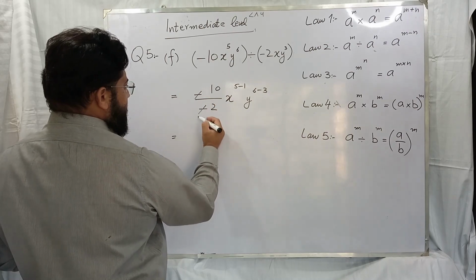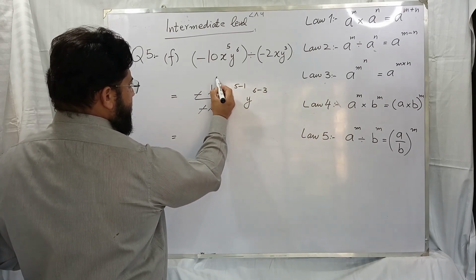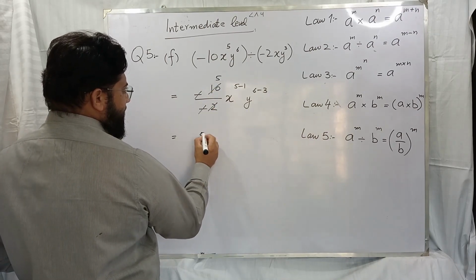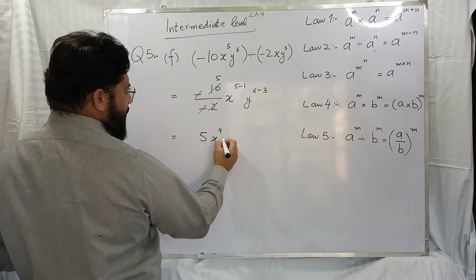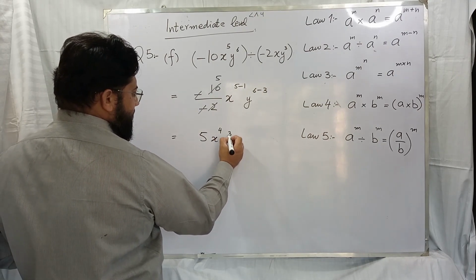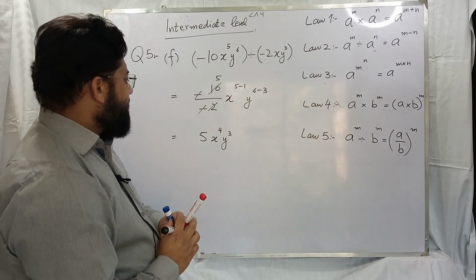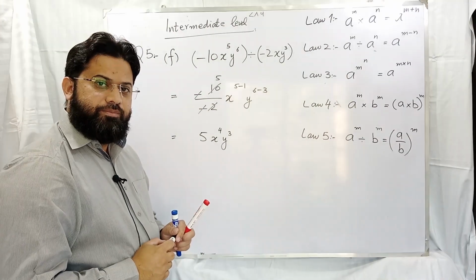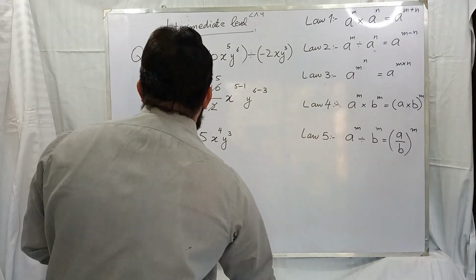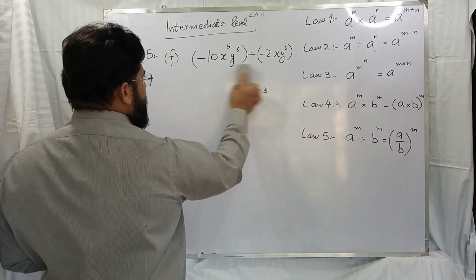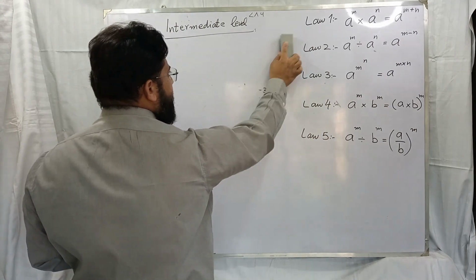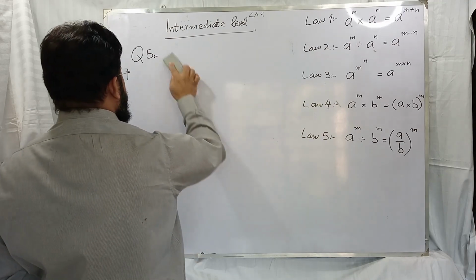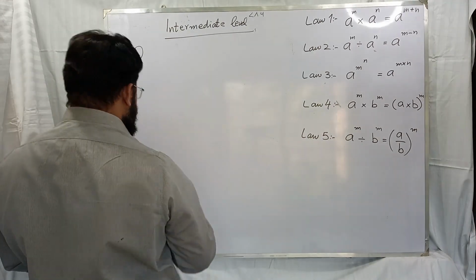Minus cancelled with minus sign, 2 ones are 2, 2 fives are 10, so it will be 5 x to the power 4 y to the power 3, 5x to the power 4 y cube. I hope you are getting these questions. Next, we'll see question number 6.